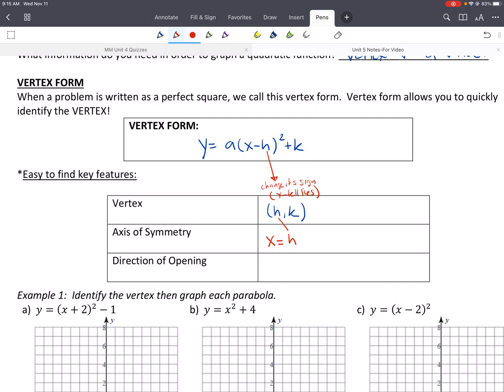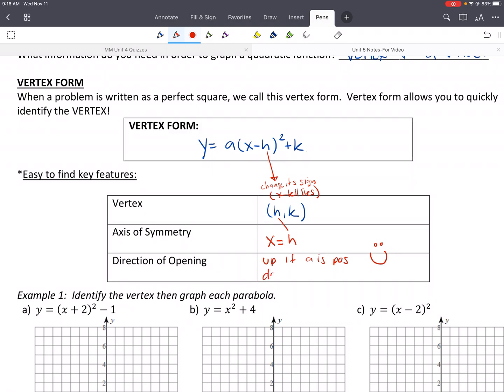The direction of opening is always easy to find. It's always going to have to do with A. The direction of opening is up if A is positive. Think about that being happy: if you're feeling positive, then it's concave up, or it opens up.